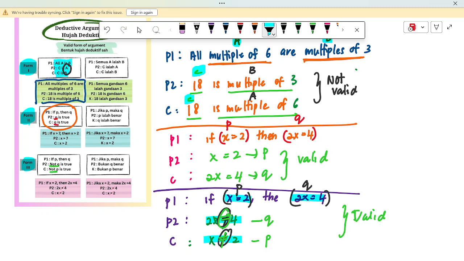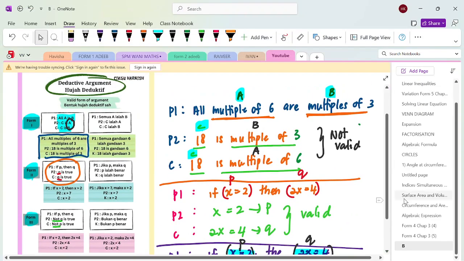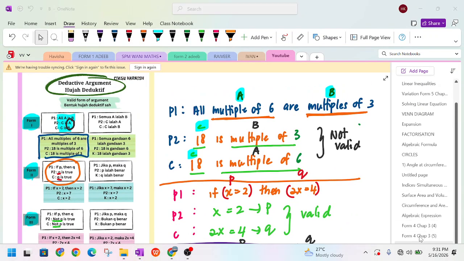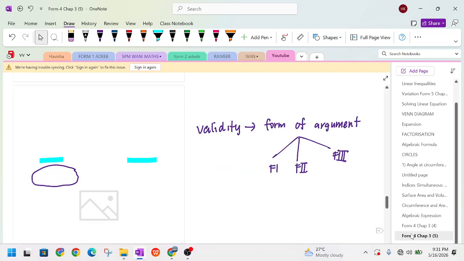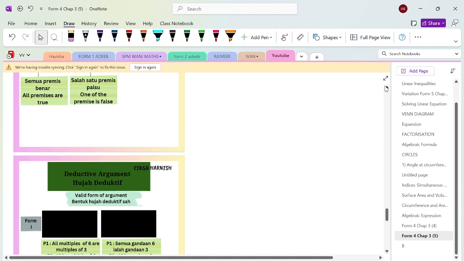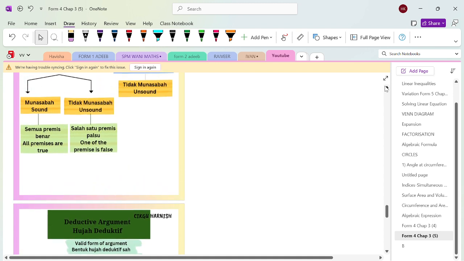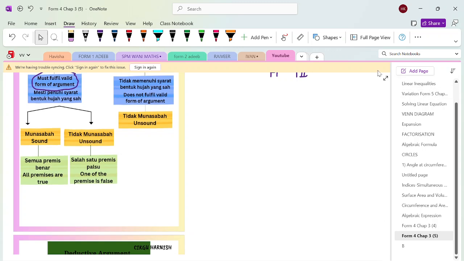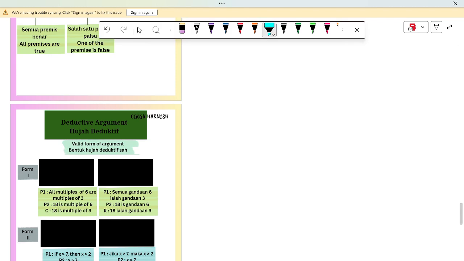Okay, and now, other than valid, you also need to know whether your argument is sound or not. So let's see this part. So how do you determine whether your argument is sound or not?